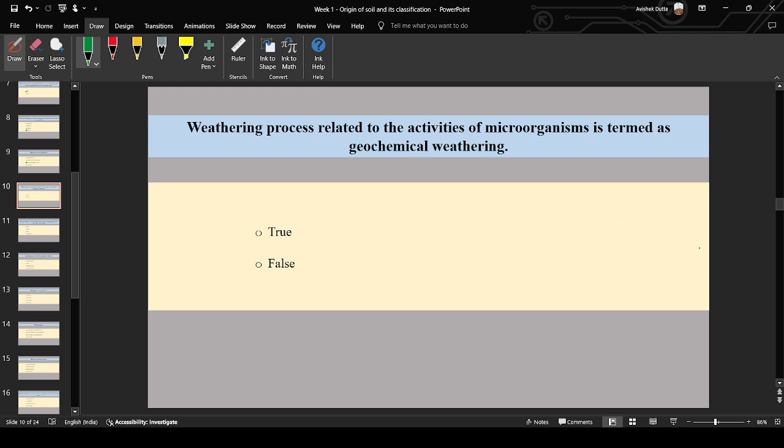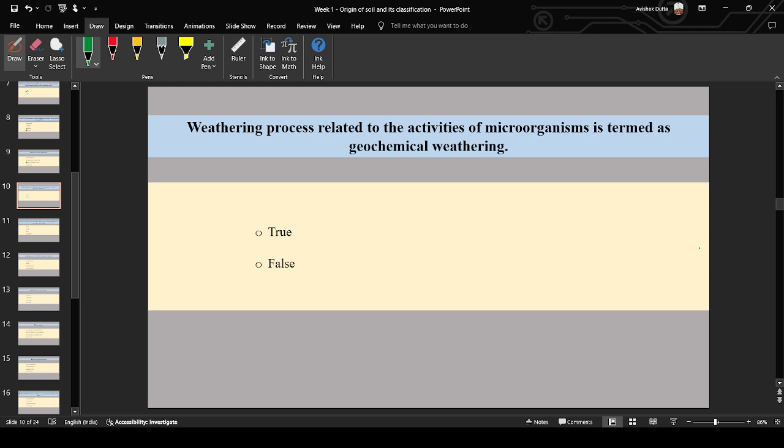It's again a true false statement. Weathering process related to the activities of microorganisms is termed as geochemical weathering. Weathering process with respect to the action of microorganisms. So what is geochemical weathering?